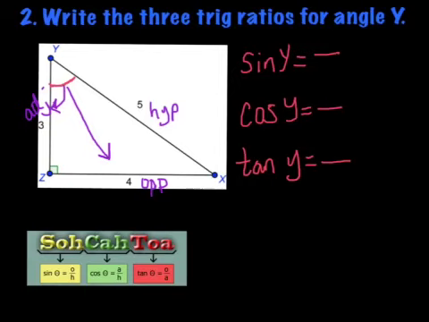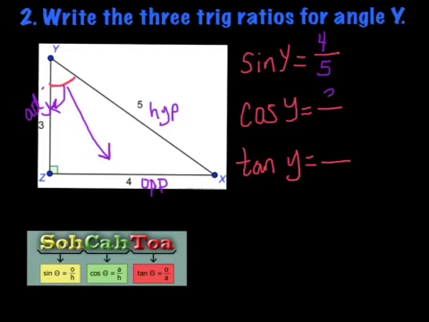Okay, now that we have everything labeled, we just need to write it as a fraction. So sine is opposite over hypotenuse. So our opposite is 4 and our hypotenuse is 5. Okay, for cosine, it's adjacent over hypotenuse.